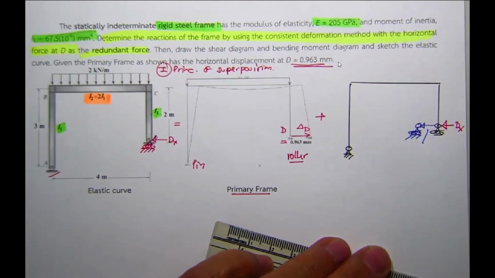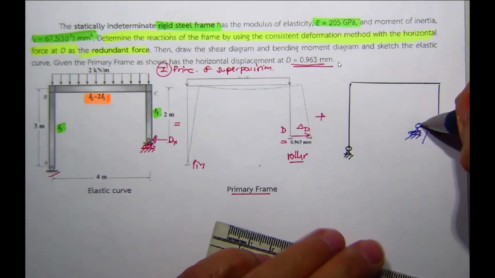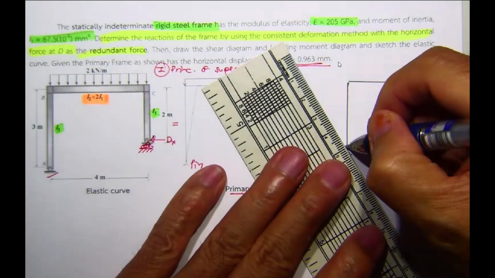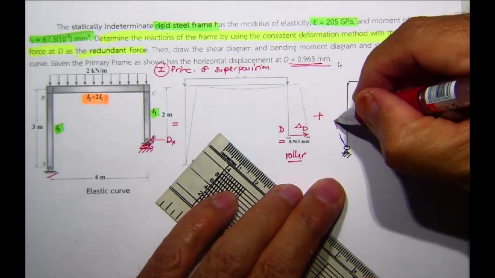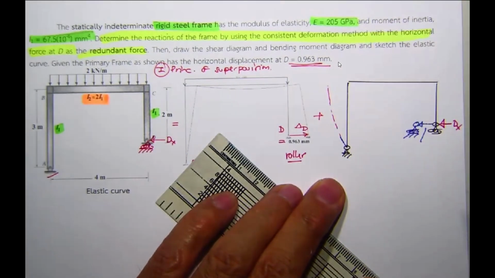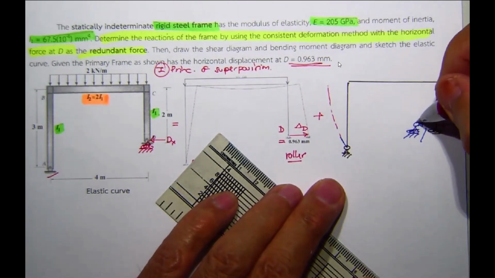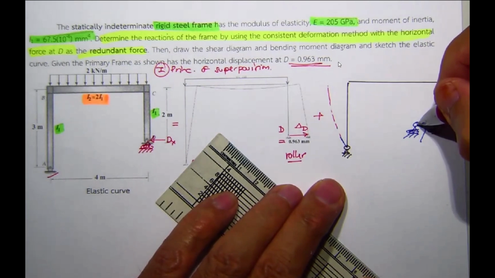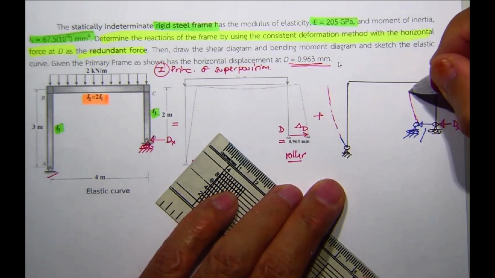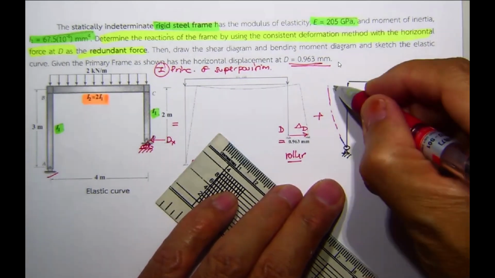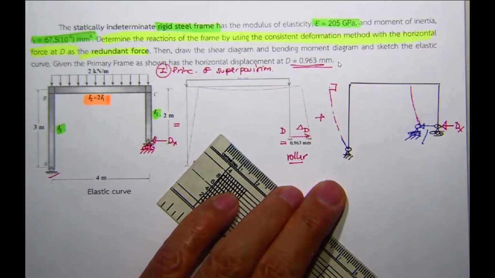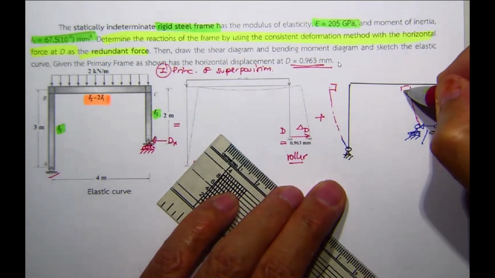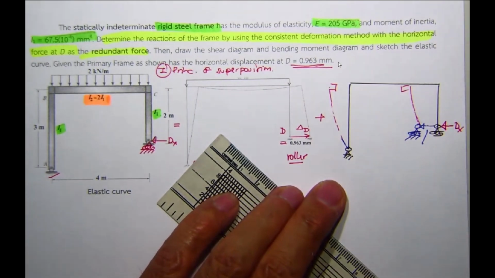Due to this pushing, this portion of the frame should also have this kind of deformation, moving to the left.